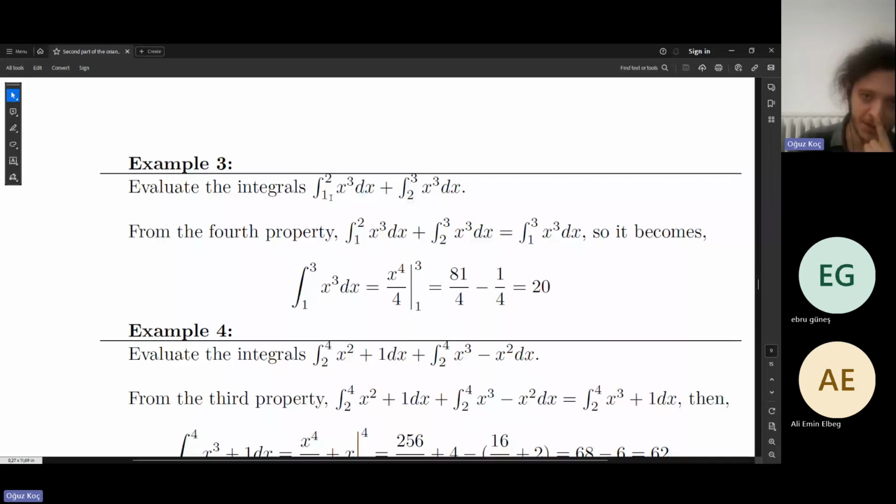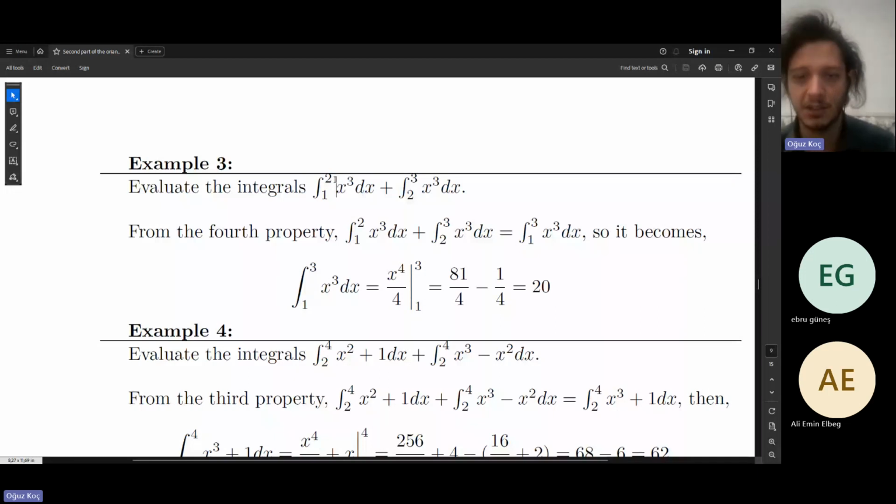It was saying that when the functions are equal to each other, here we have the same functions, and when the upper limit of the first integral is the same as the lower limit of the second integral, we can just simply write it like this, starting the limits from 1 and finishing at 3, where 1 becomes the lower limit and 3 becomes the upper limit, and then we use the same function.